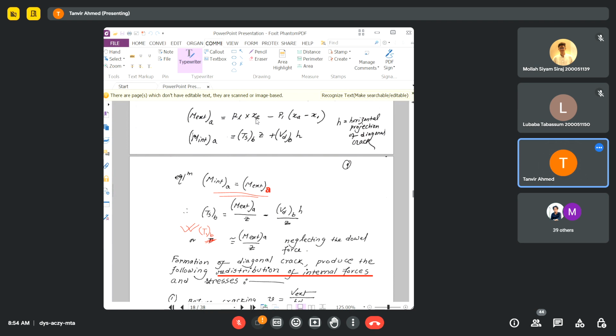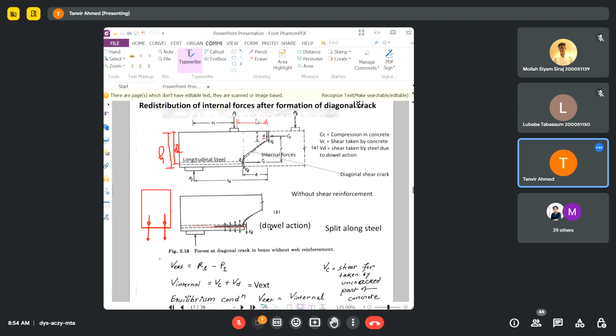So if I simply write M external A here, and if I want to calculate the value of TSB, okay, TSB means TS at point B. And VDB means VD at point B. TS and VD, they are the same, like you can write TS or you can write TSB.